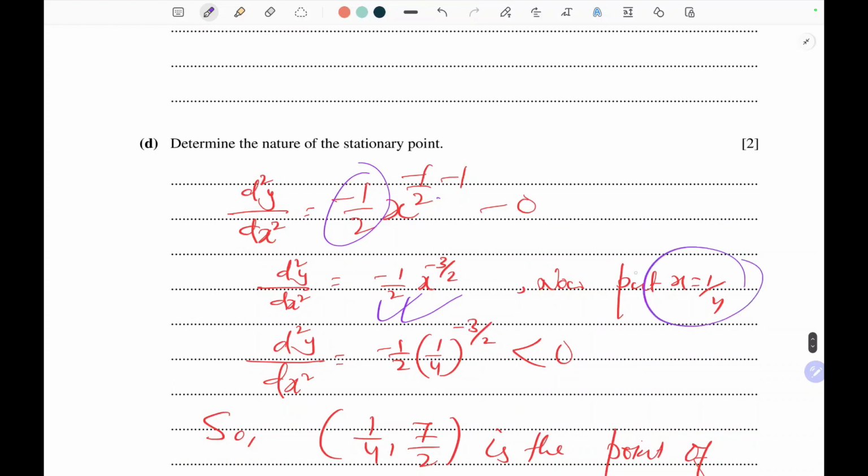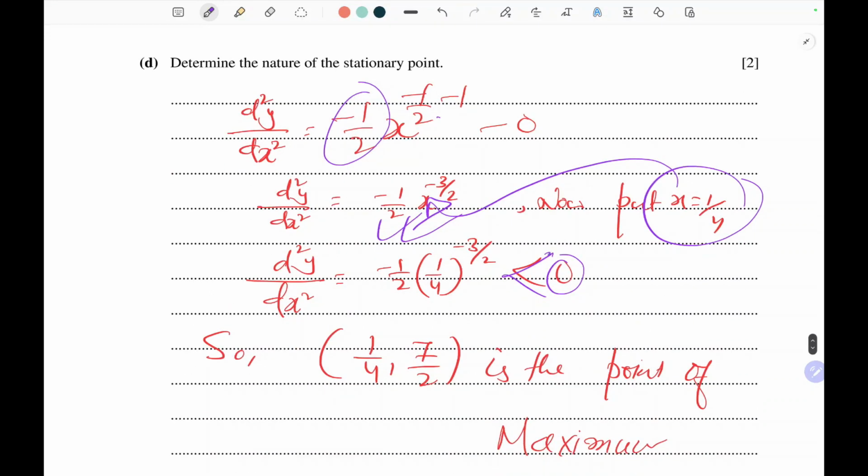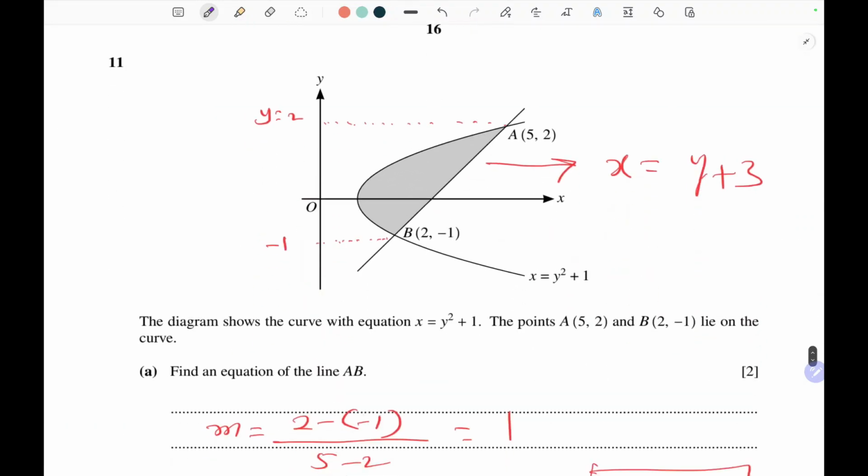Now put x equal to 1 over 4 in this. The coefficient is minus half, so definitely it will be negative, less than 0. When it is less than 0 at a stationary point, then at that point you will get a maximum. So (1/4, 7/2) is the point of maximum.